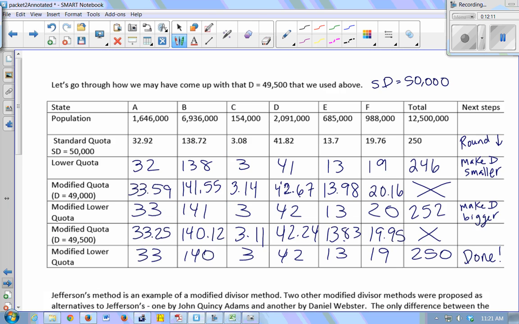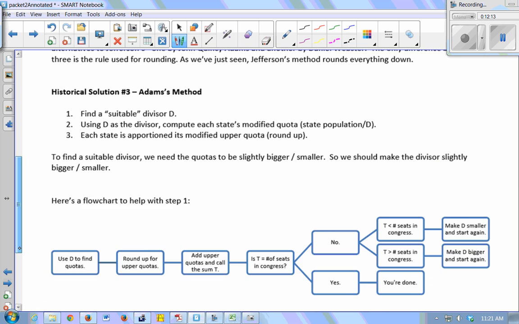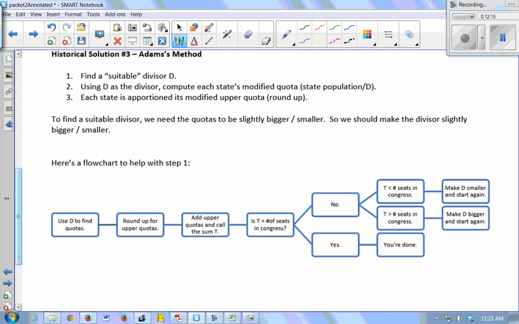All right, so right now my quotas are too big, right? So I need my quotas to be a little bit smaller. Okay. So to make quotas a little bit smaller, I want to divide by a number that's what, a little bit bigger or a little bit smaller? Bigger. When you divide by a bigger number, the answer comes out smaller. Right? So I need my divisor to be slightly bigger.